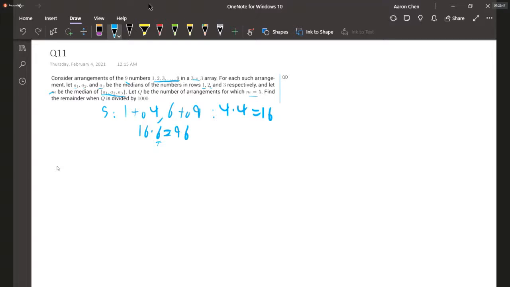Now we can look at the other 2 rows. For those rows, there's a total of 6 numbers, so there are 6 factorial ways to arrange them. The number of ways to arrange them is exactly half of this, because the 2 other rows are interchangeable.